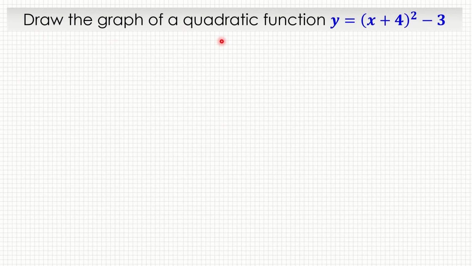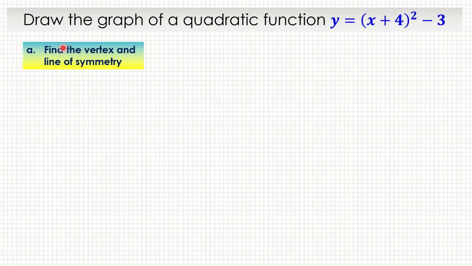Draw the graph of the quadratic function y is equal to the square of x plus 4 minus 3. First, let us find the vertex and the line of symmetry. This one is written in vertex form, y is equal to a times the square of x minus h plus k.